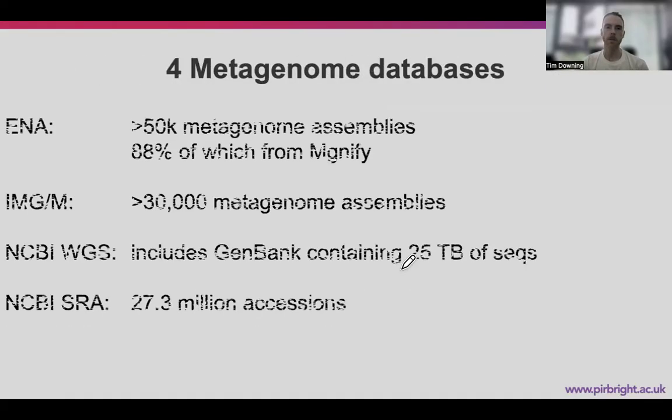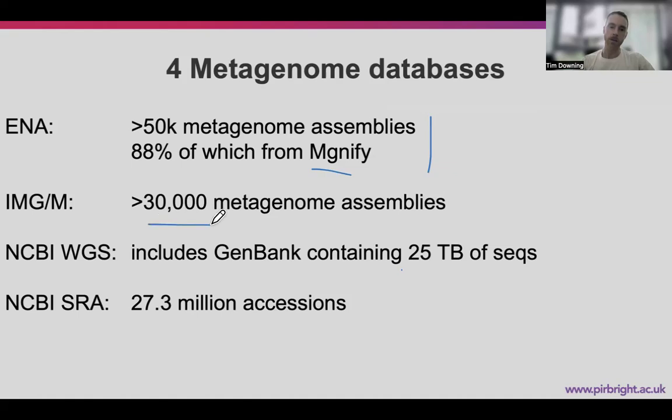There's lots and lots of metagenomic databases, and there's very, very many. Kraken 2 is just one of them. The ENA has over 50,000 metagenomic assemblies, most of which come from MGnify. IMG/M has over 30,000 of them.